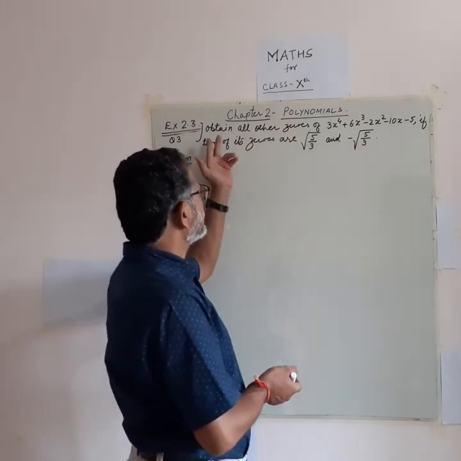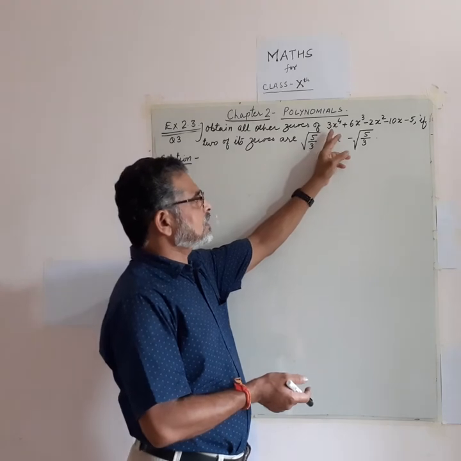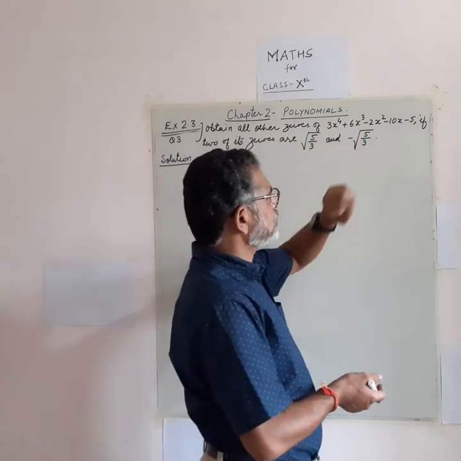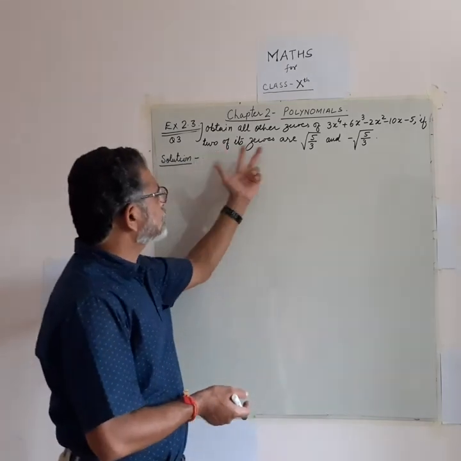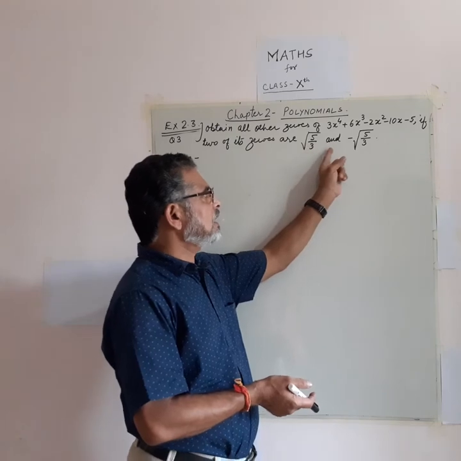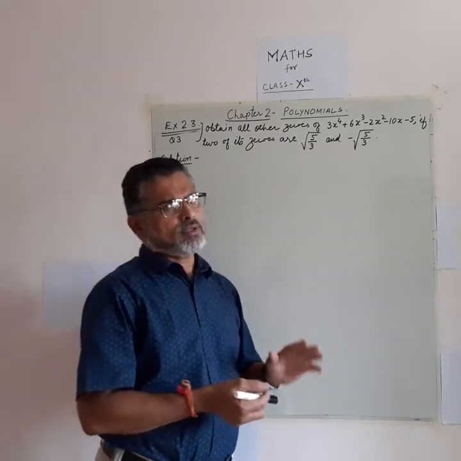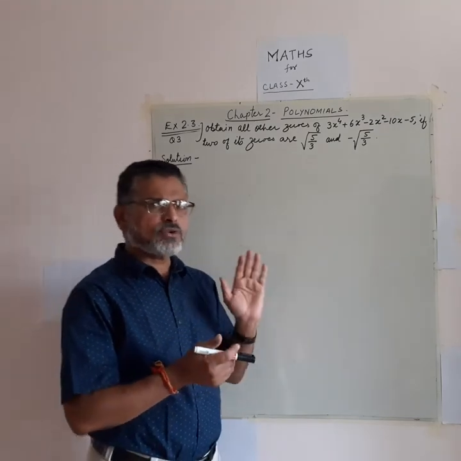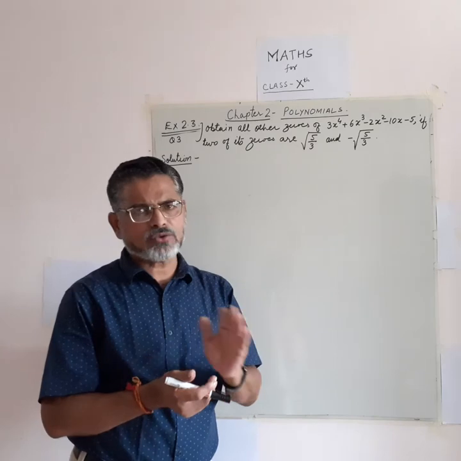So here the question is: obtain all other zeros of this polynomial 3x to the 4 plus 6x cube minus 2x square minus 10x minus 5 if its two zeros are given. One is under root 5 by 3 and another is minus of under root 5 by 3. So we know if zeros are given, we can write the factors. Is that clear? By using factor theorem.